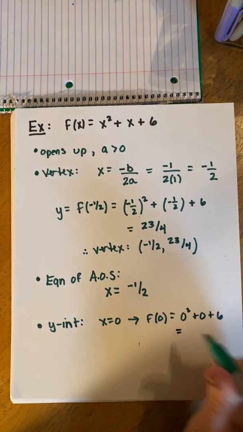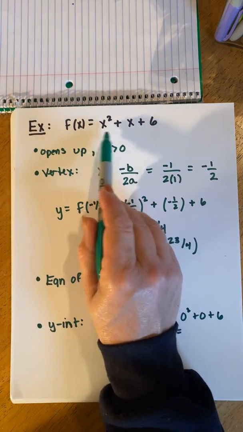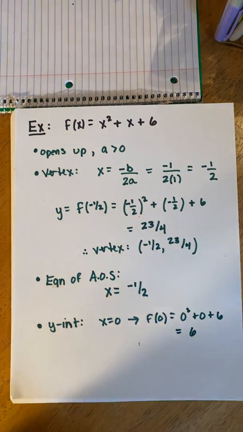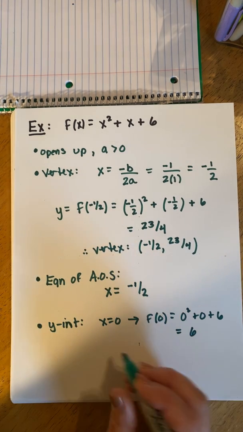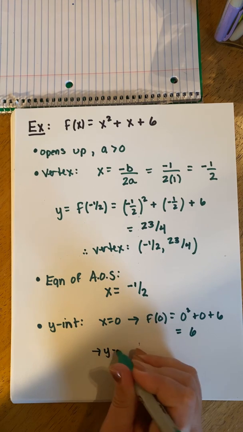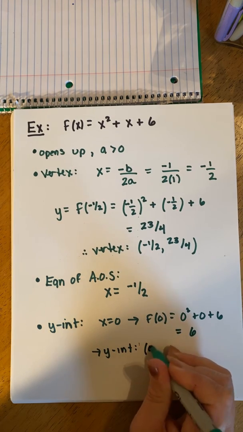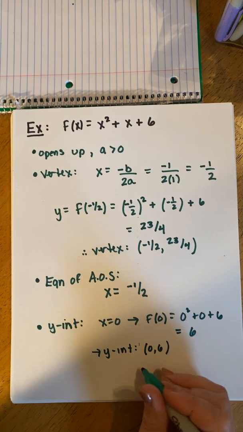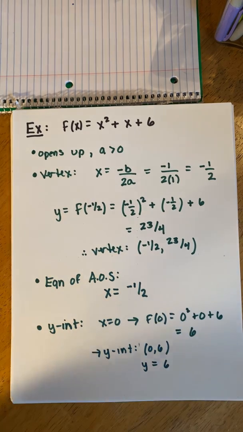So notice, it's always the number dangling on the end, but that only works if it's in this form. So f of 0 equals 6. So the y-intercept has x-coordinate 0, y-coordinate would be 6, or we can just say y equals 6.